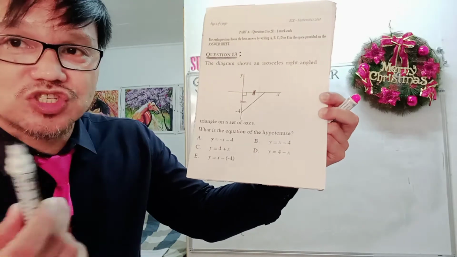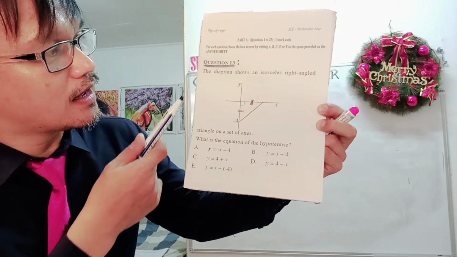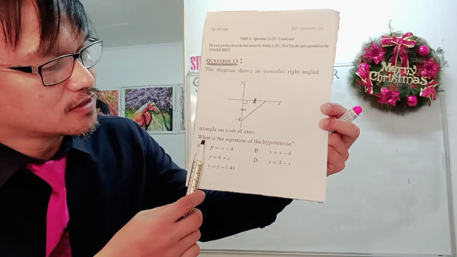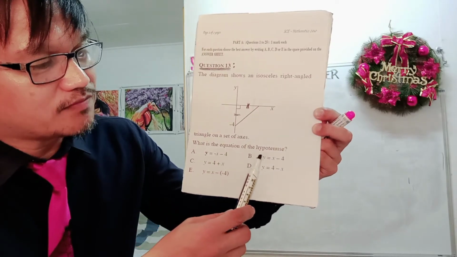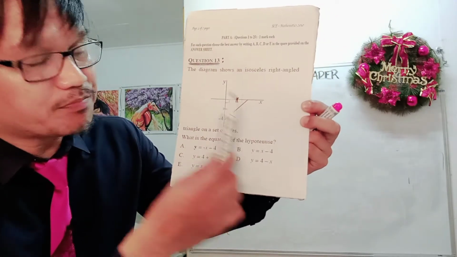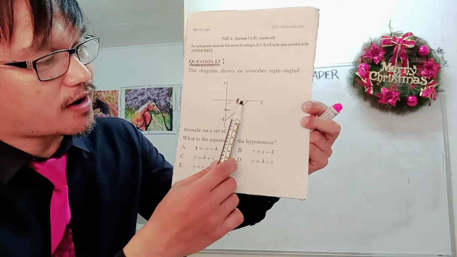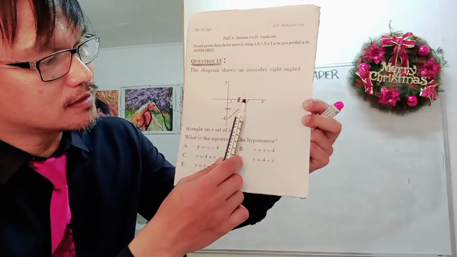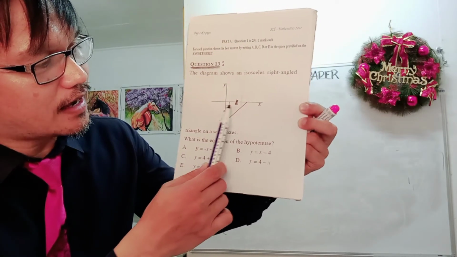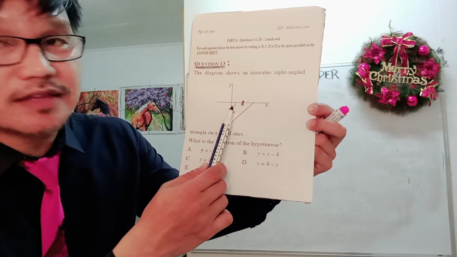But the question in number 13 is, what is the equation of the hypotenuse? The hypotenuse in a right angle triangle is the longest side, opposite the right angle.